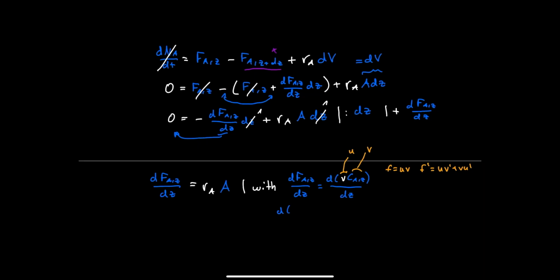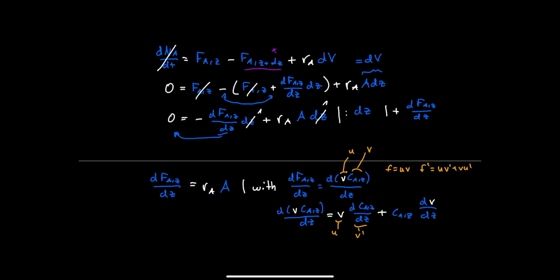Hence the change of the volumetric flow rate times Ca at position z with respect to z can be expressed as the volumetric flow rate, which is our u, times the change of the concentration of species A at position z with respect to z, which is v derived, plus Ca at z, which is v, times the change of the volumetric flow rate with respect to z, which is u derived.